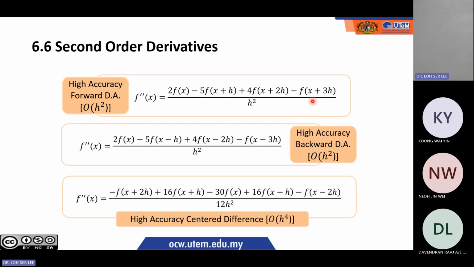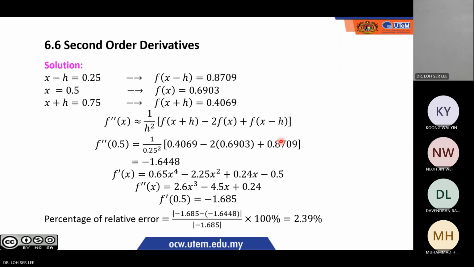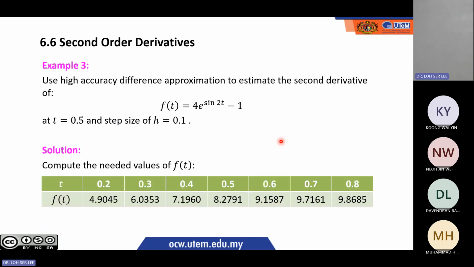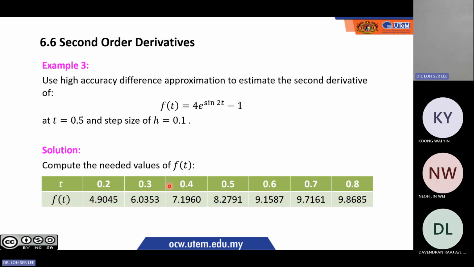Current, next 3, and previous 3, 7 points, right? With a step size of 0.1. So you have to come up with all these points in a table form.